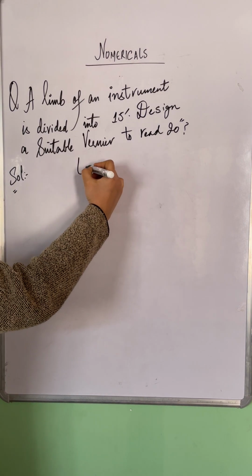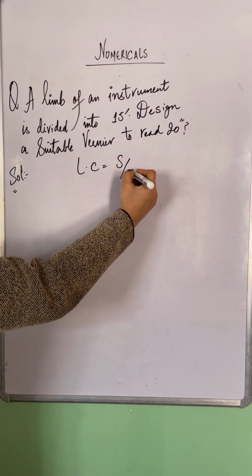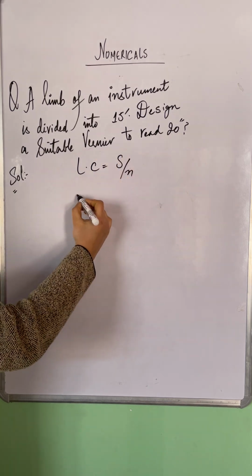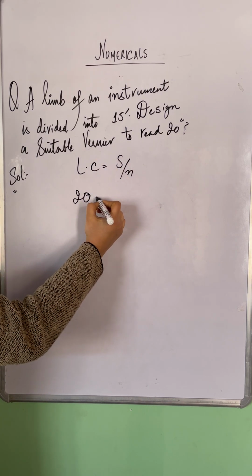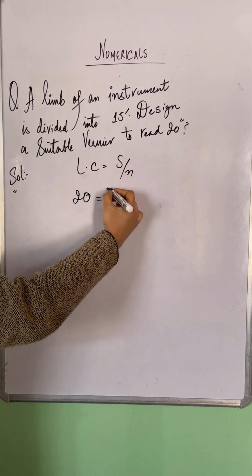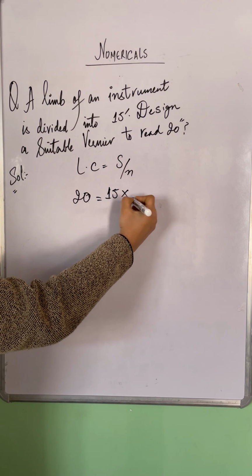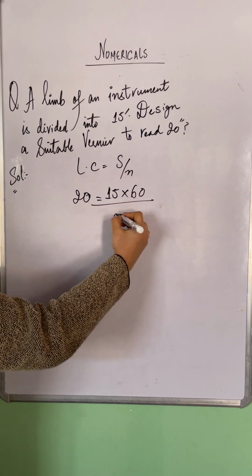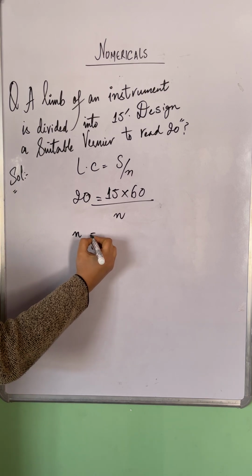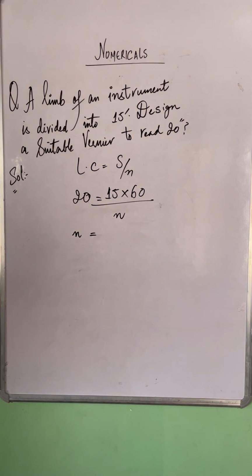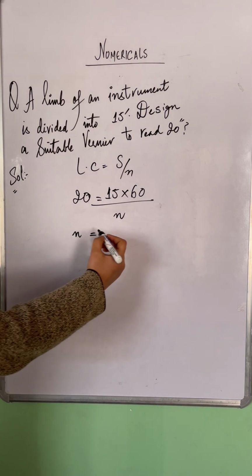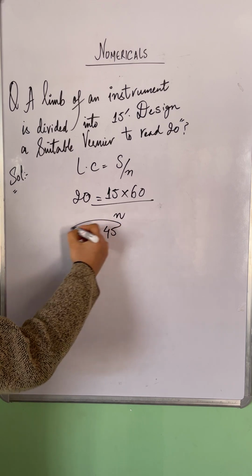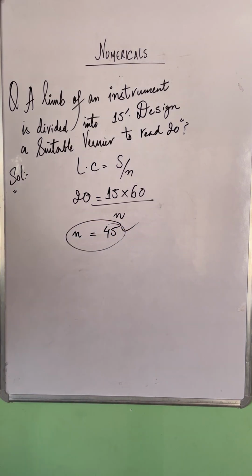My least count is S by N. My least count is 20 seconds. What is my S? 15. I'll convert it into seconds. My N by calculations will be equal to how much? 45. Right?